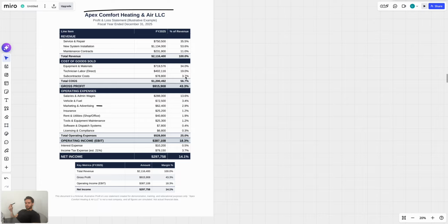Now, if I increase the prices, with a close rate at 80%, I could maybe increase the price by 20%. Just by increasing the pricing by 20%, I could instantly increase gross profit, or to be honest, net income, bottom line profit, by 20%.